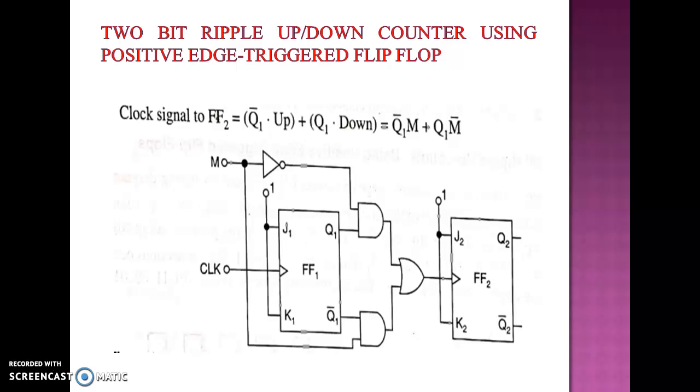When M equal to 1 for up counting, the Q1 bar is transmitted to the clock of flip-flop 2, and when M equal to 0 for down counting, the Q1 is transmitted to the clock of flip-flop 2. This is achieved by using 2 AND gates and 1 OR gate.